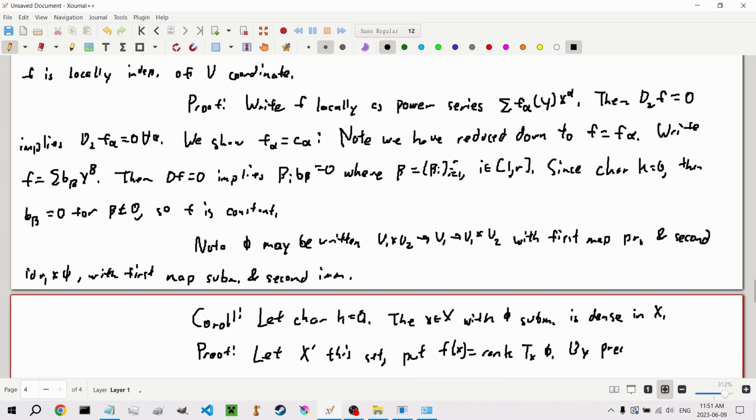By the previous theorem, oh, it's phi being a subimmersion, not phi being a submersion.